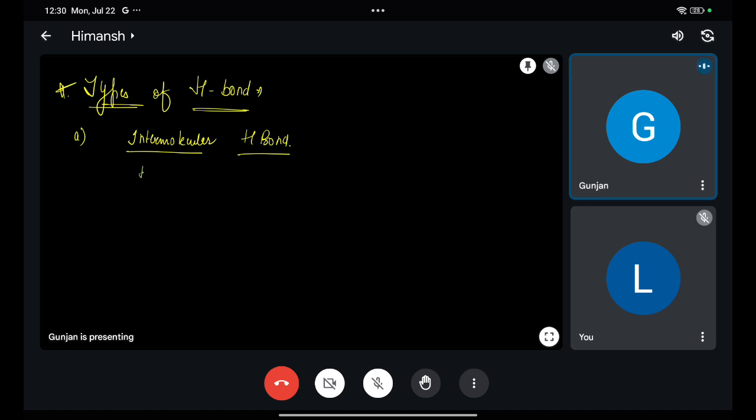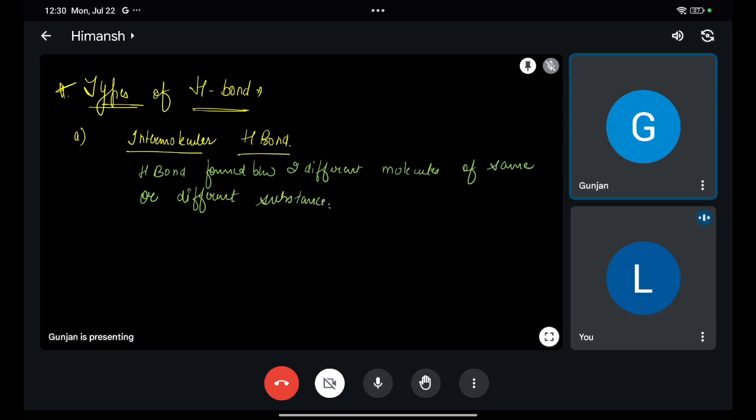Hydrogen bond formed between two different molecules of the same or a different substance. Got it, Himansh? Yes, ma'am, got it.